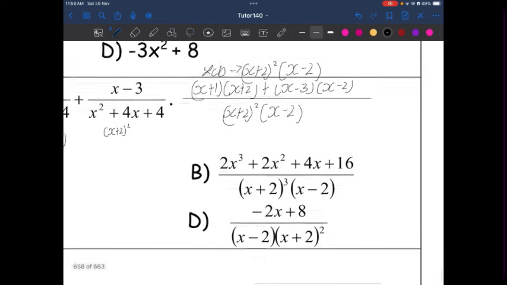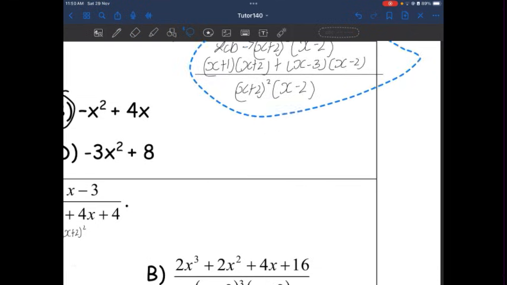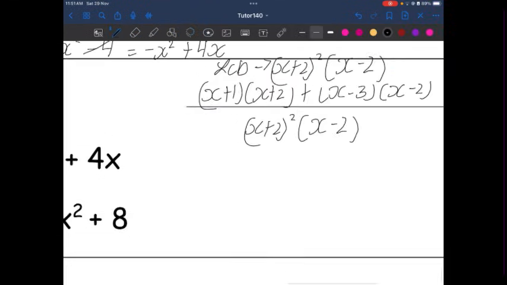Okay, FOIL again. I gotta make this smaller, bring this a little up here, there's no space. So x times x, remember FOIL, x times x and then x times 2, 1 times x and then 1 times 2.